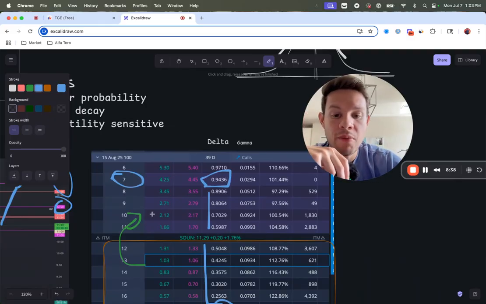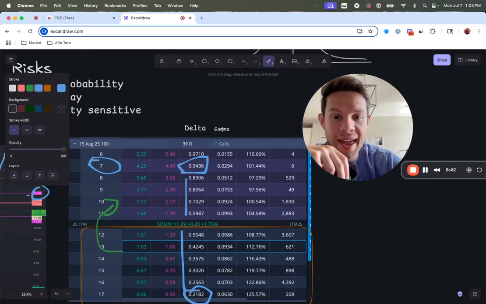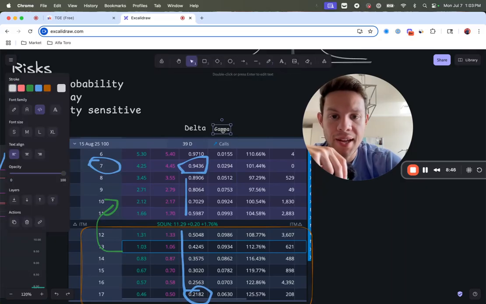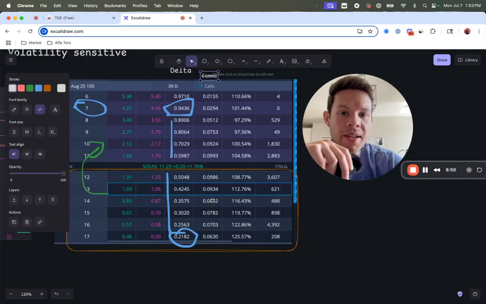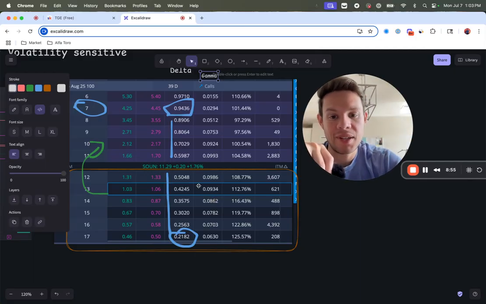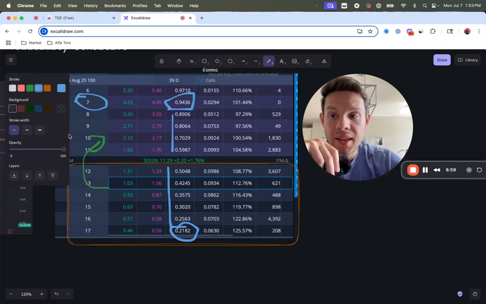Okay, they're great for momentum, and what I mean by that is that there is this column called gamma. Gamma is right here, this column right here. Now the way to think about gamma is that it's the gas pedal to the delta. So here's what I mean.